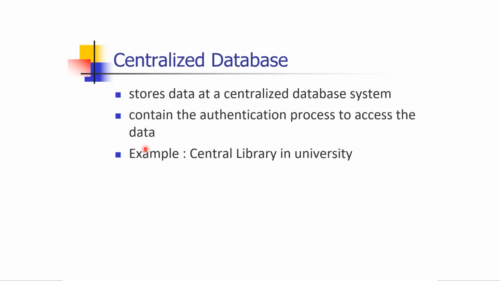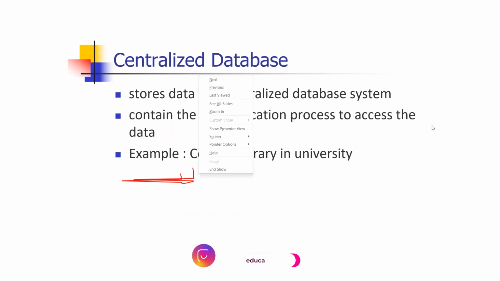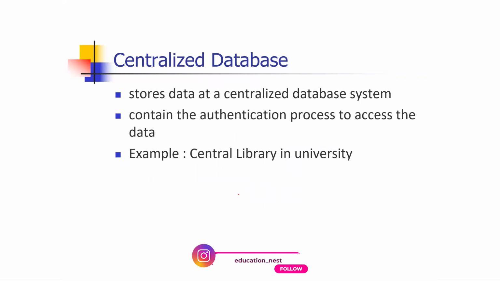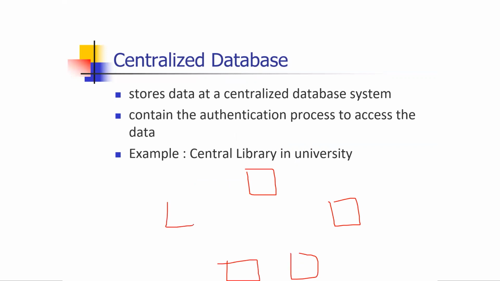So the first database is the centralized database. By the term, it is very clear. Centralized means everything is at the same place. For example, there are departments: this is department 1, department 2, department 3, department 4, department 5.